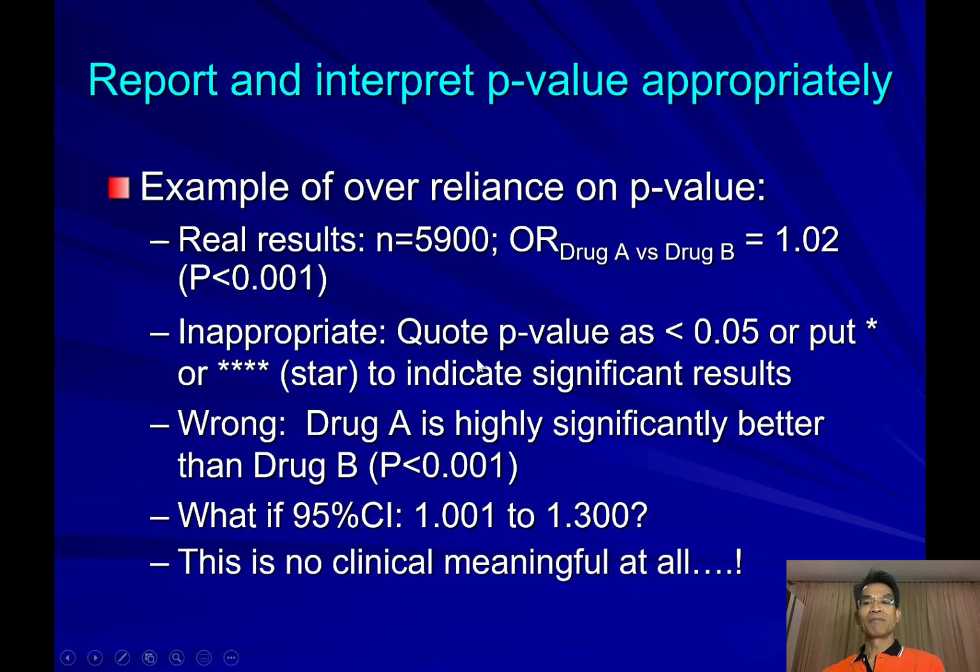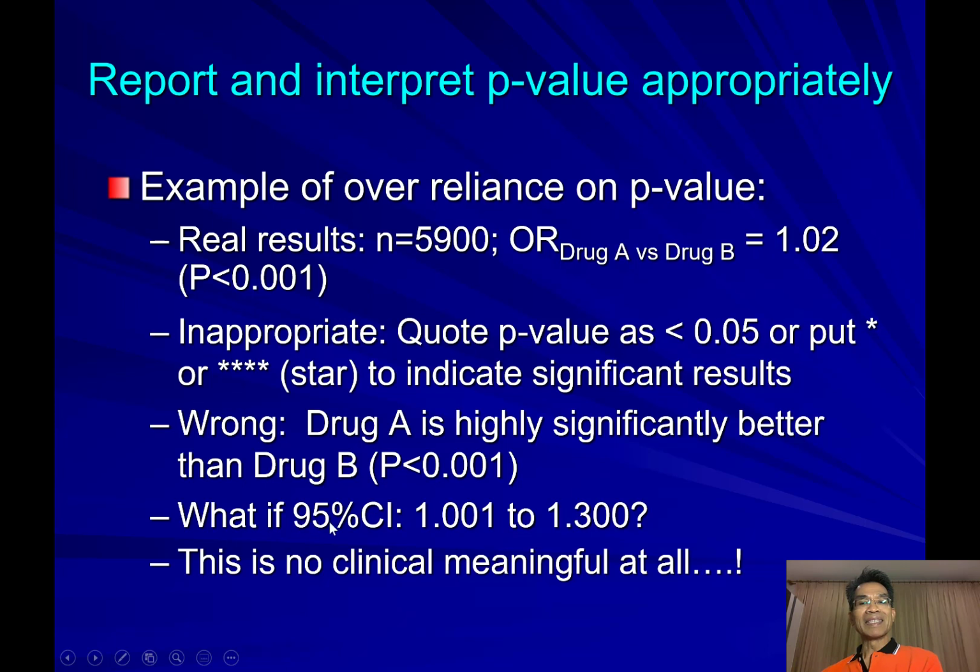So if we put it like this, that means we mislead people. It will be wrong to say that drug A is highly significantly better than drug B, because it isn't better. It's just 1.02, just close to 1. 1 means nothing, the same efficacy.